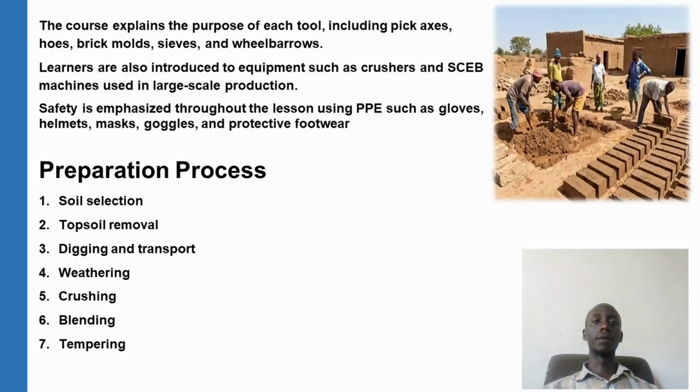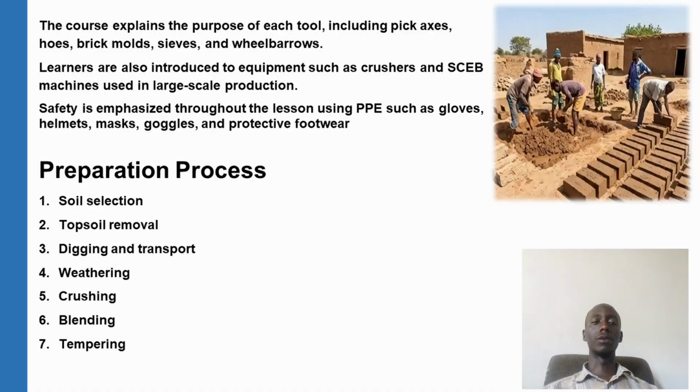The course explains the purpose of each tool, including pickaxes, hoes, brick molds, sieves, and wheelbarrows. Learners are also introduced to equipment such as the crusher and CSEB machine used in large-scale production. Safety is emphasized throughout the lesson, using PPE such as gloves, helmet, mask, goggles, and protective footwear.